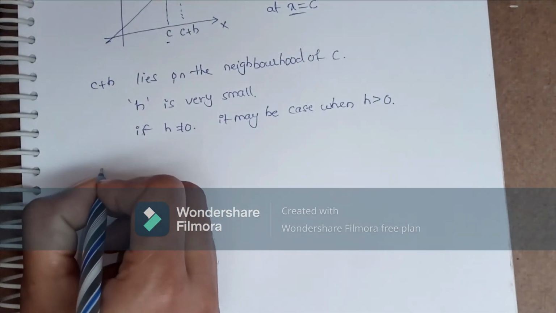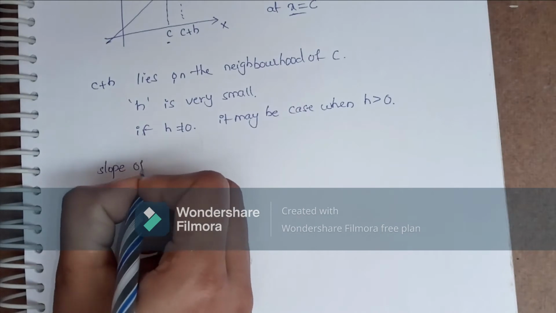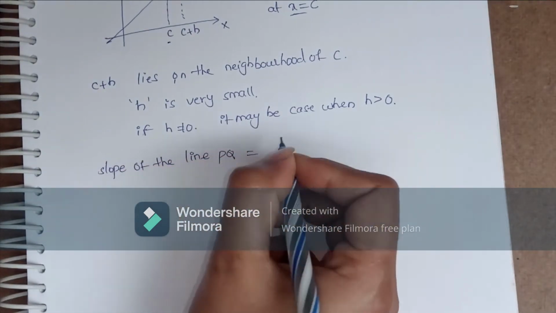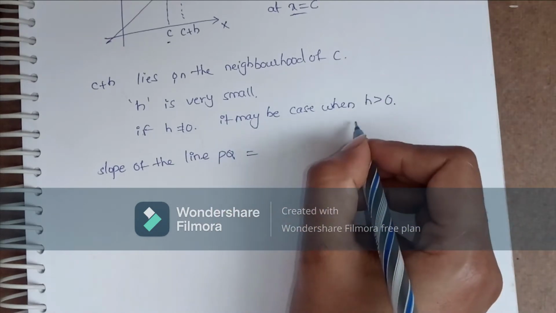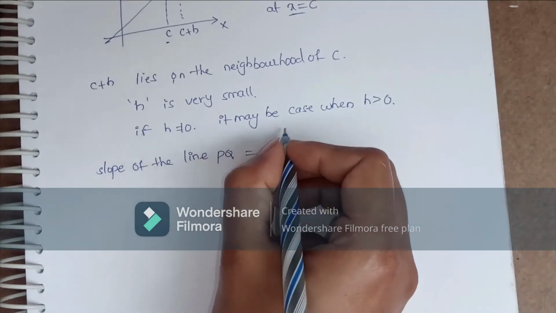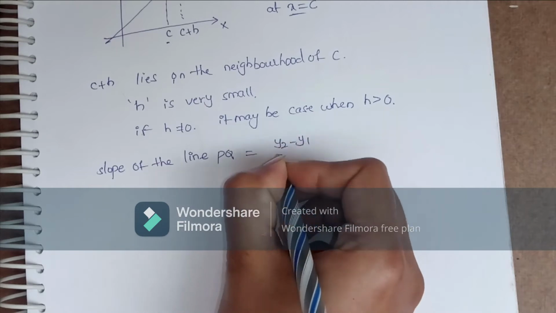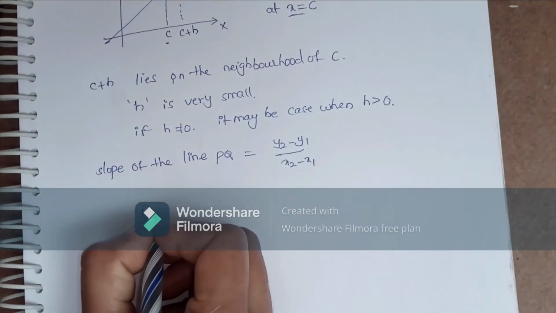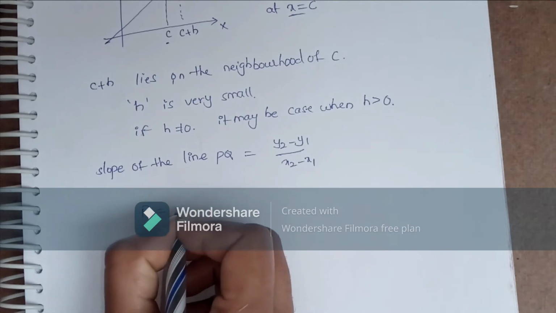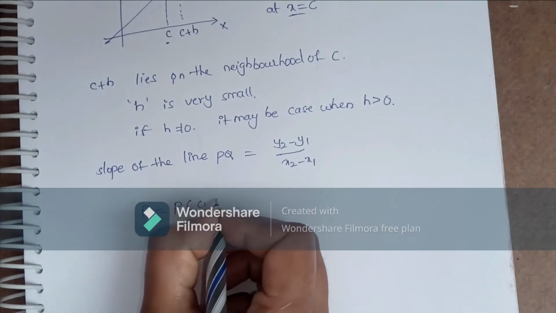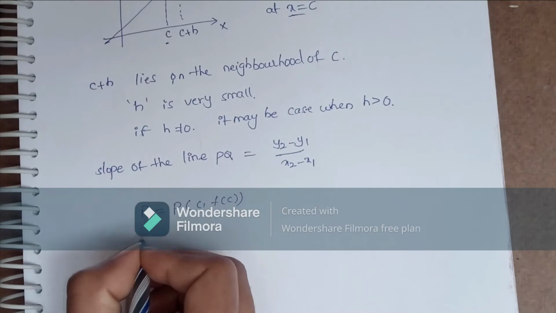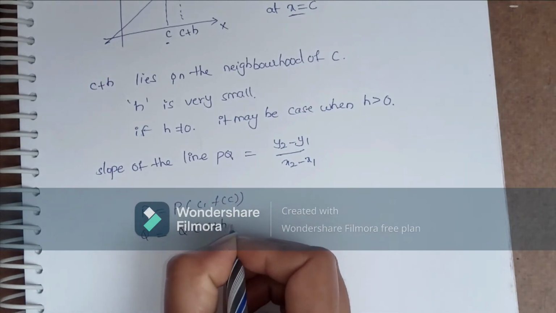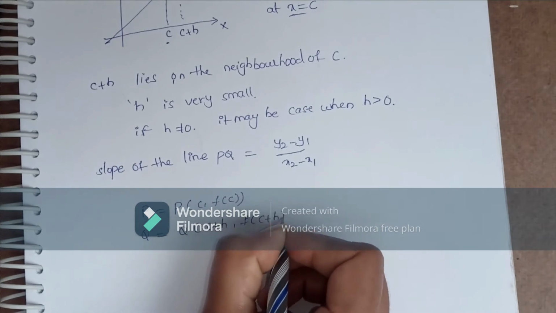The slope of the line PQ, you already know, is y2 minus y1 by x2 minus x1. Here P is (c, f(c)) and Q is (c plus h, f(c plus h)).